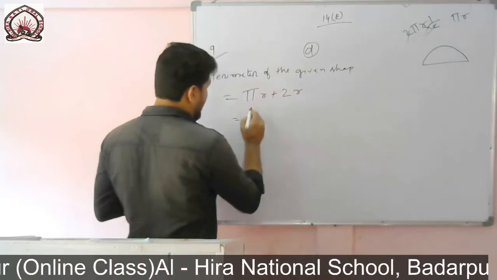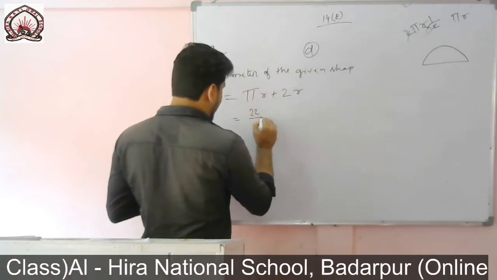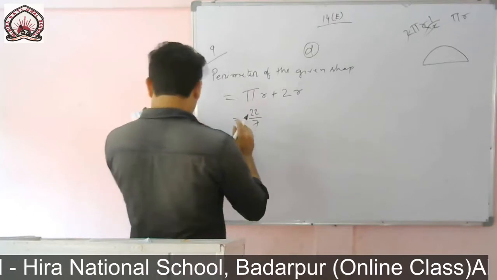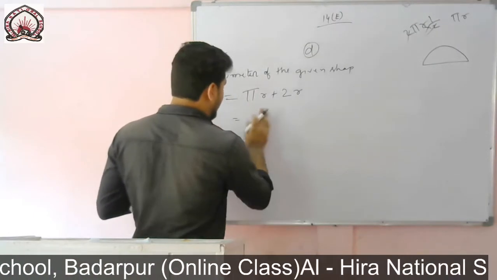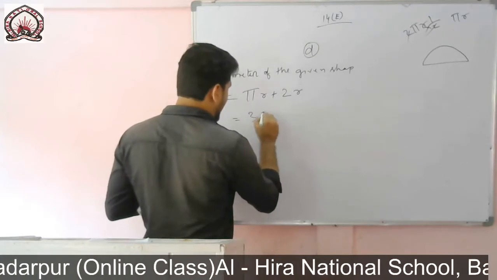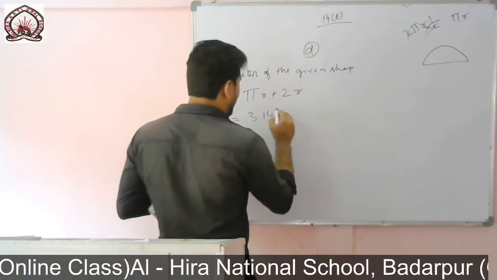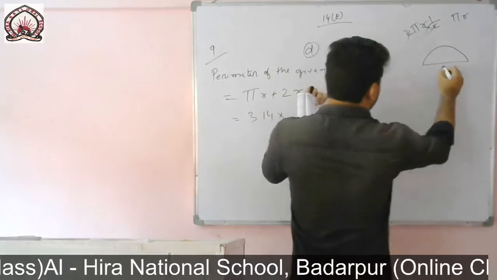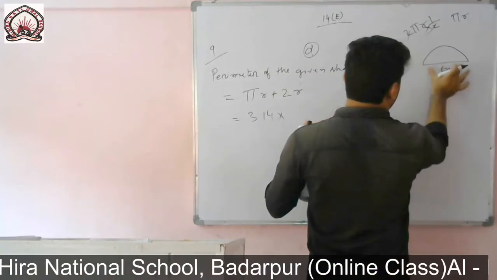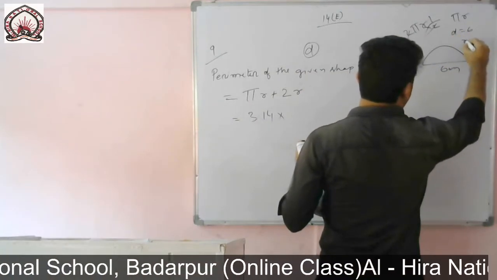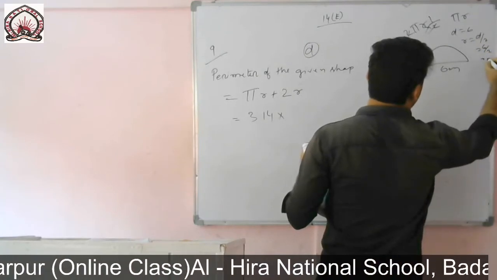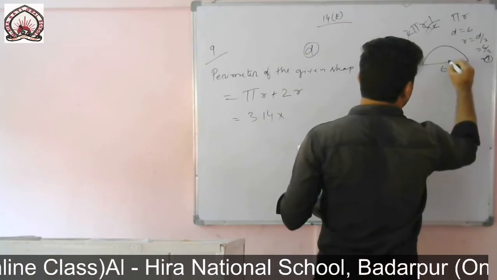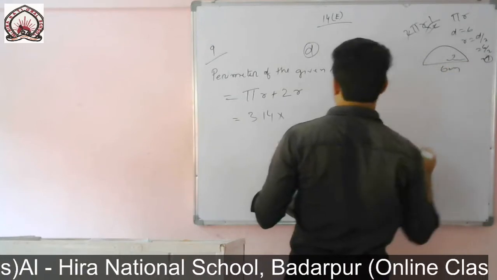Take pi equals 3.14. So 3.14 into r. This is 6 centimeter diameter, so r equals diameter by 2, that is 6 by 2, which is 3. You can say this portion is 3 centimeter.